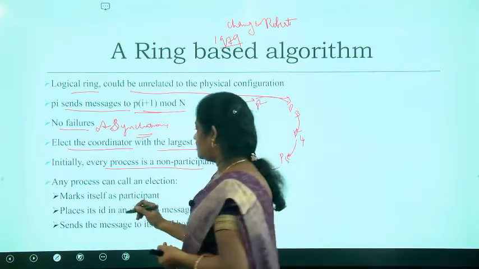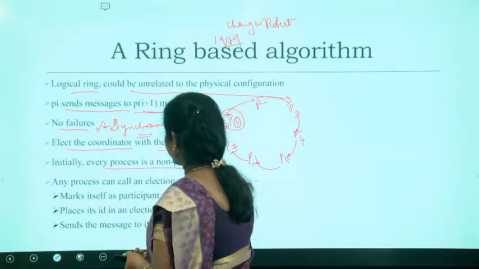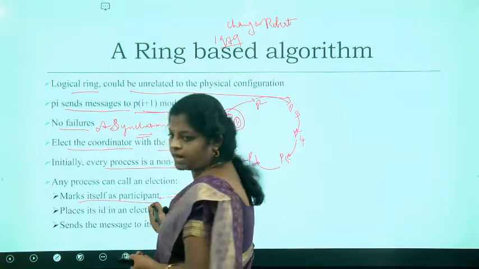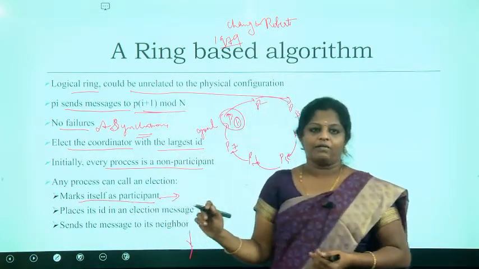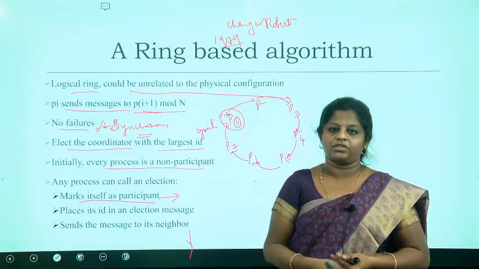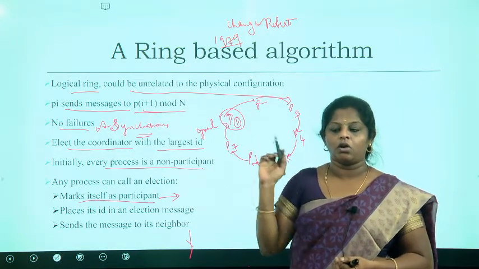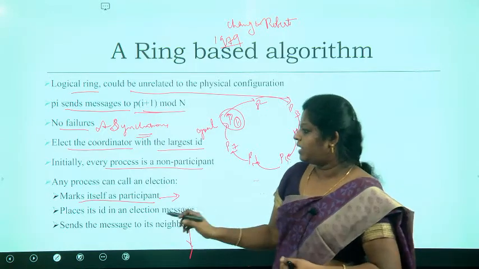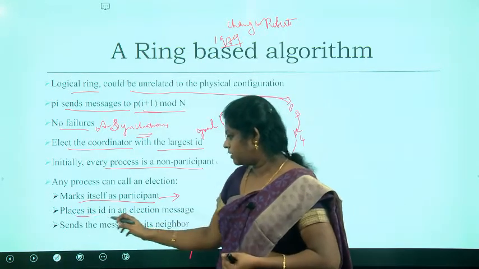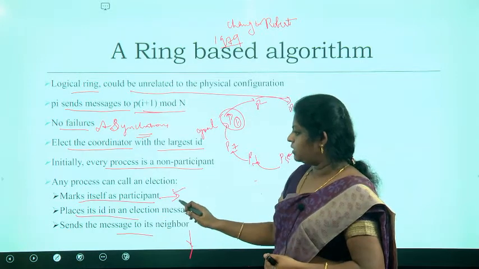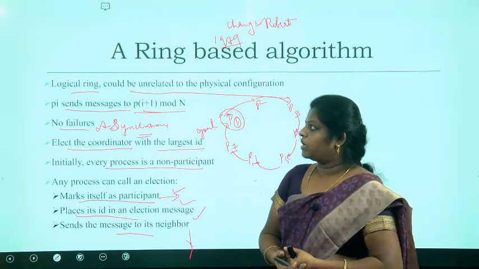So any process can mark itself as a participant, then place its identifier in the election message and send it to the neighbor in the clockwise direction. These are the 3 steps, and now we will see them one by one.